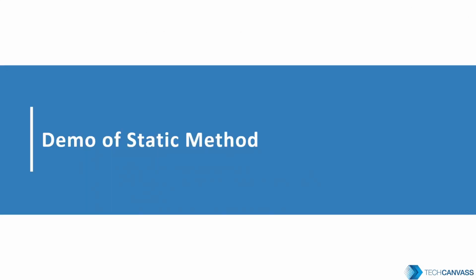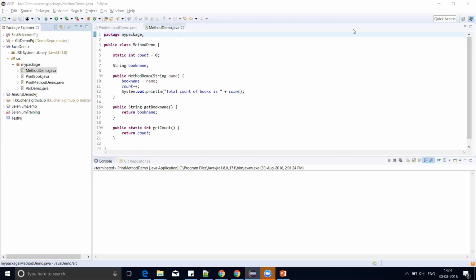Let's see a demo for static methods now. In this example, we have two classes, methoddemo.java and printmethoddemo.java. These classes are an extension of the example that was shown in the demo for static variables.